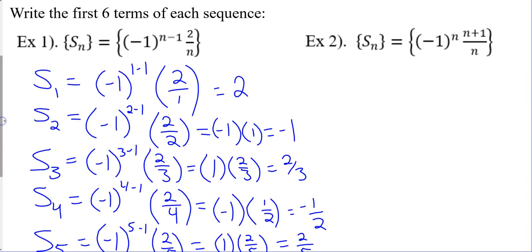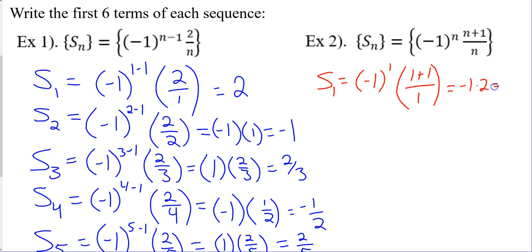Now let's try example 2. So we're going to find the first term by plugging in 1. So -1 to the first power times 1 plus 1 over 1. -1 to the first power, of course, is -1. 2 over 1 is 2, so we have -1 times 2, which is -2.